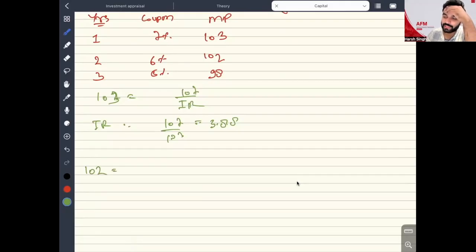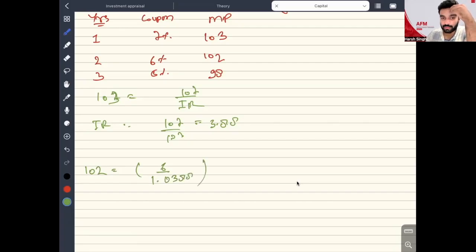Year 1, I'll get interest of 6% plus 1 plus S2, which is 1 6 divided by 1 plus R. 1 plus R will be how much? 6 multiplied by 1 upon 1 plus R, 1.0388.